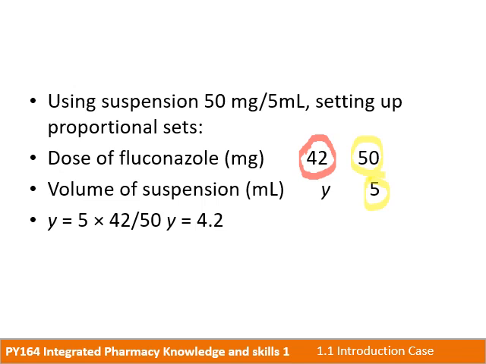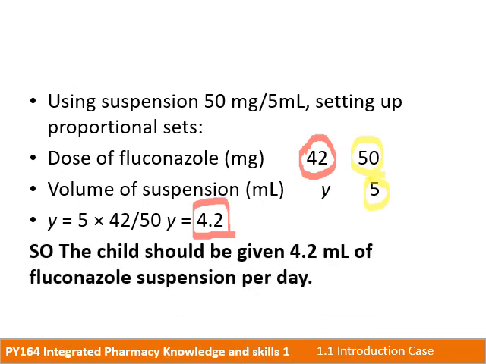Again, we go back to manipulating that equation, and the answer we come out to is 4.2 mils of our fluconazole suspension should be given to the child each day.